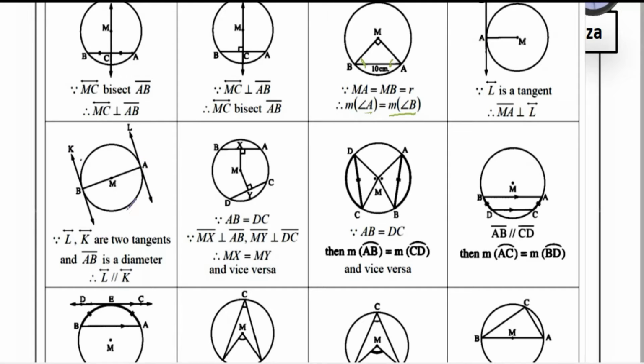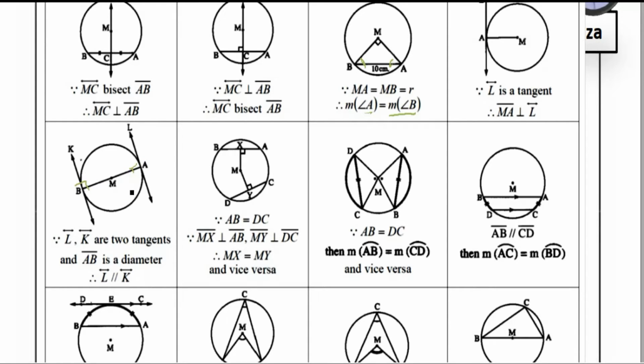Why? Yes, very good. Because L is perpendicular to the diameter at A and K is perpendicular to the diameter at B. Measure of the angle LAM equal 90 and the measure of the angle KBM equal 90.